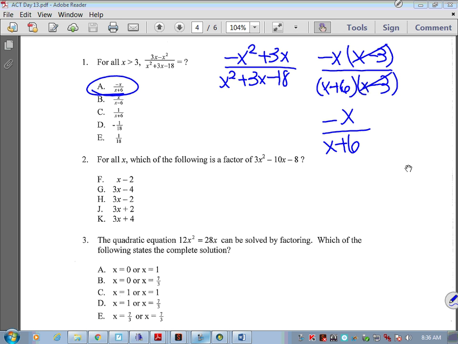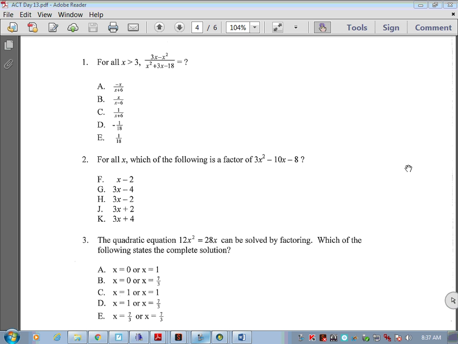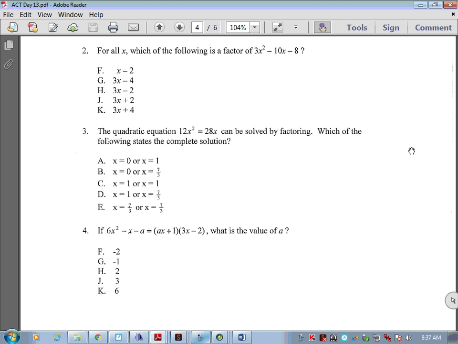Yep, you need to factor out a negative x. Okay. Always take out a negative if you can. If you have a negative coefficient in front of that squared variable, take out the negative. Okay. Yeah, we want as much positivity as we can.